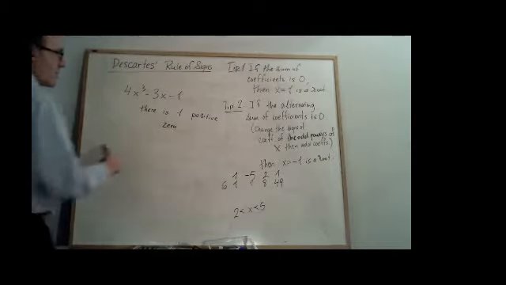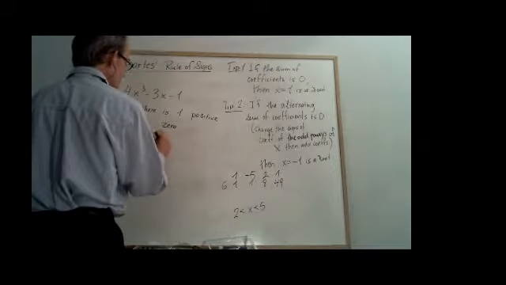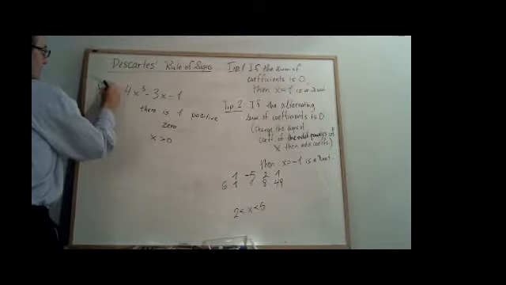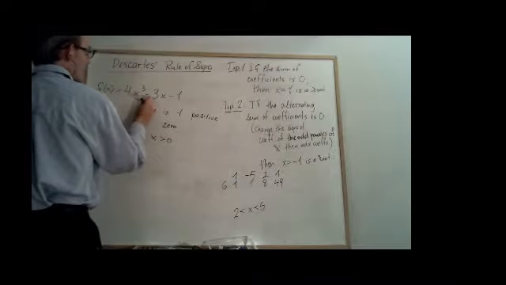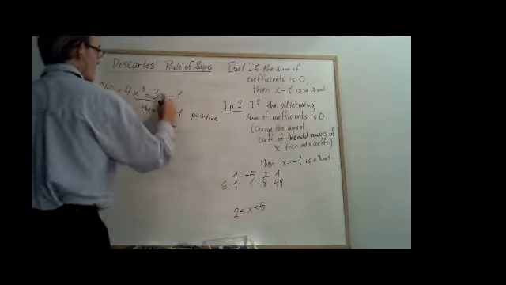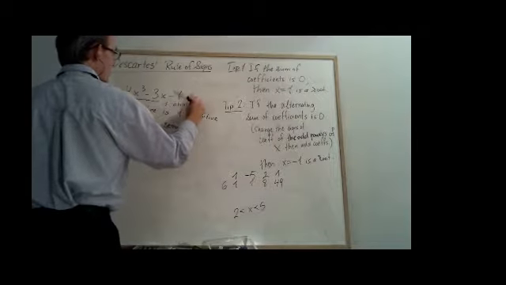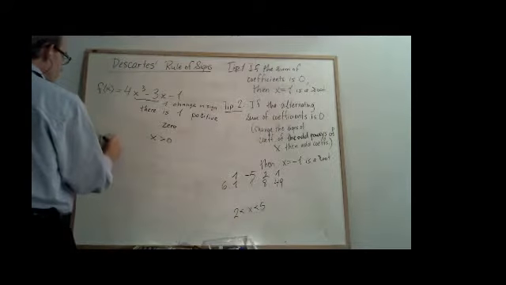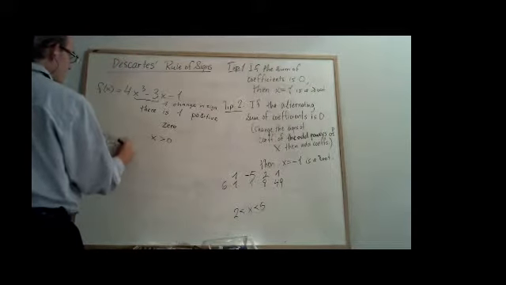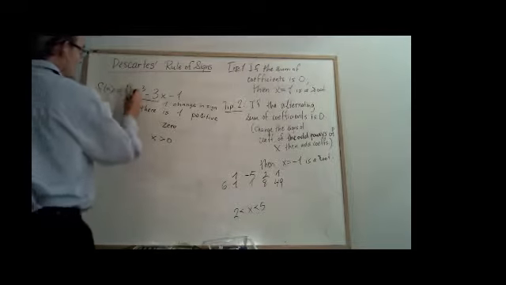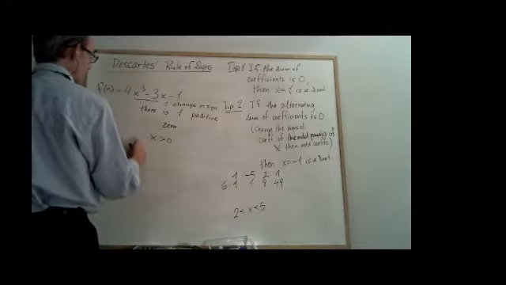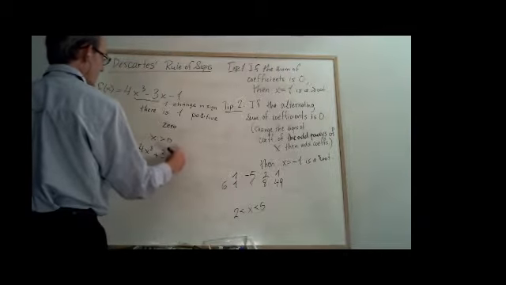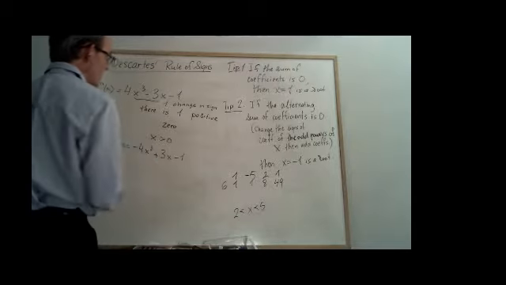Okay, so there was one real zero, x, such that x is greater than 0. So there's one change in sign. Then you look to find how many negative zeros you have. You replace x by minus x, so that changes the sign of just the odd terms, the terms which are odd powers of x.